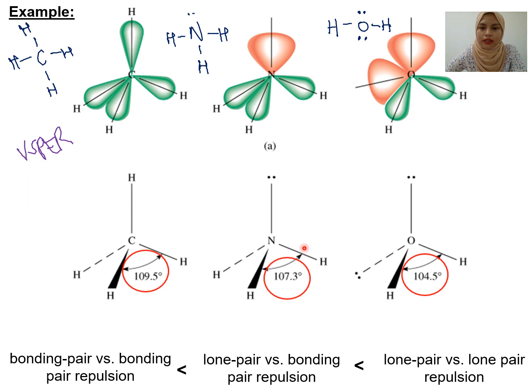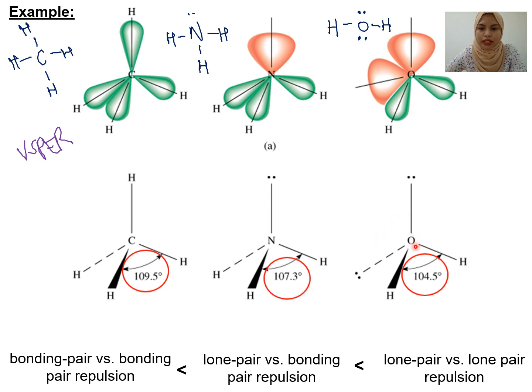So supposedly they should have a tetrahedral shape. But because of the lone pair, their shape changes. CH4 is indeed tetrahedral because of the bonding pairs. But NH3, because of this lone pair, should be trigonal pyramidal, and its bond angle becomes smaller. Why? Because VSEPR says lone pair bonding pair repulsion is more than bonding pair repulsion, so the electron pairs will be arranged as far apart as possible.